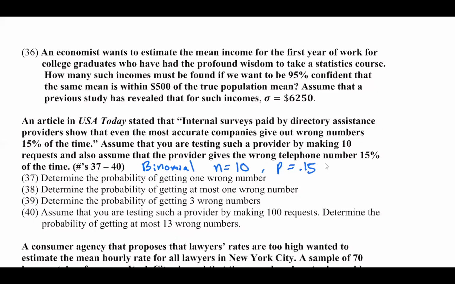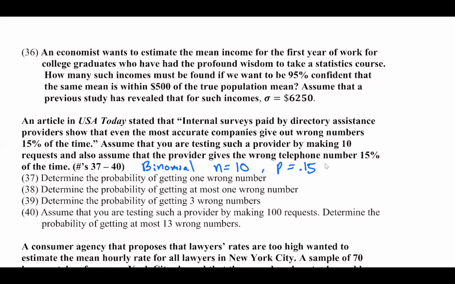All right. So if you look at 37, the first thing you should recognize is that this is a binomial distribution. The reason why is that they give you a set number of trials, they're going to do this 10 times. Also, they give you the probability of success, 0.15.